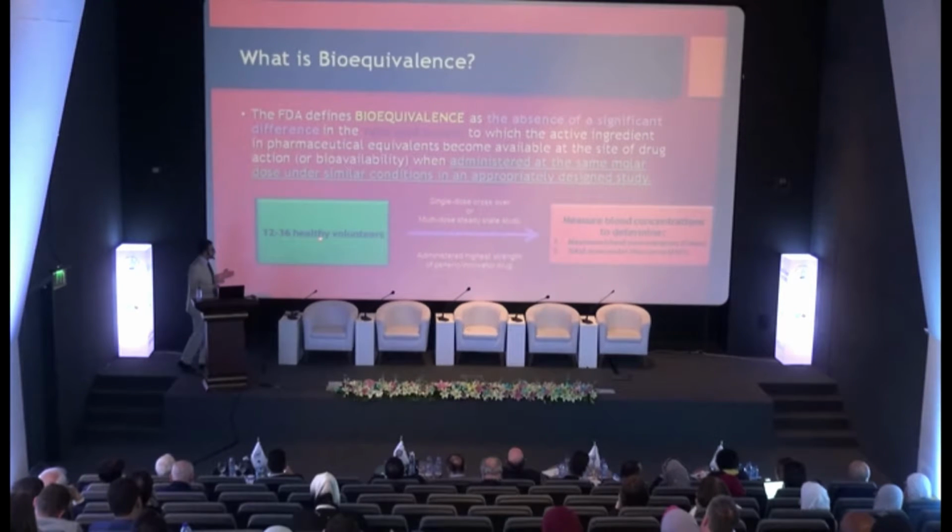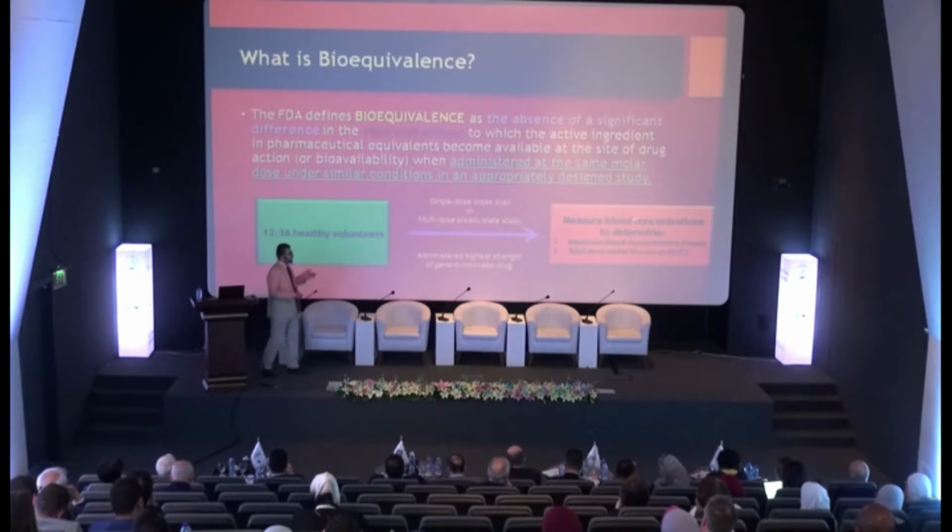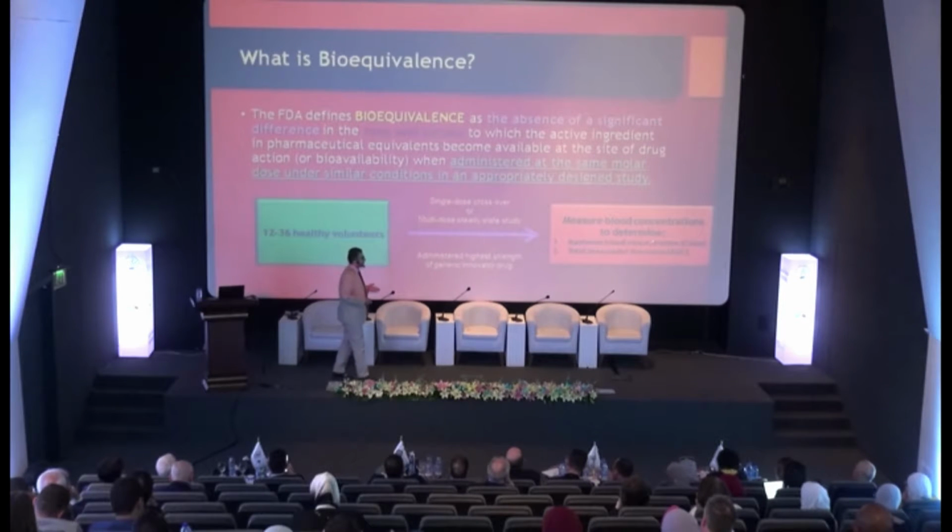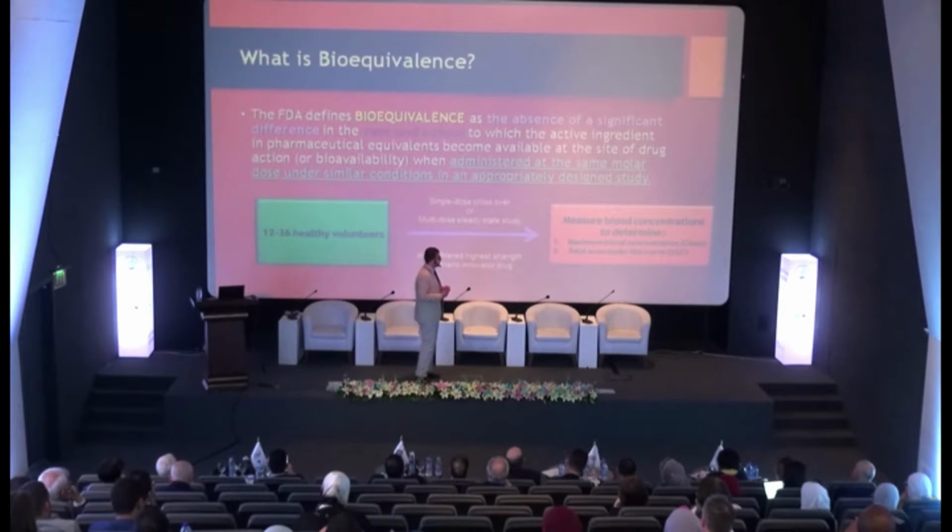So we have 12 to 36 healthy volunteers, in a single dose, crossover, or multi-dose steady state design, administered the highest strength of the generic and innovator drug, and then they measure blood concentration to determine the maximum blood concentration, Cmax, and the total area under the curve, also known as AUC.